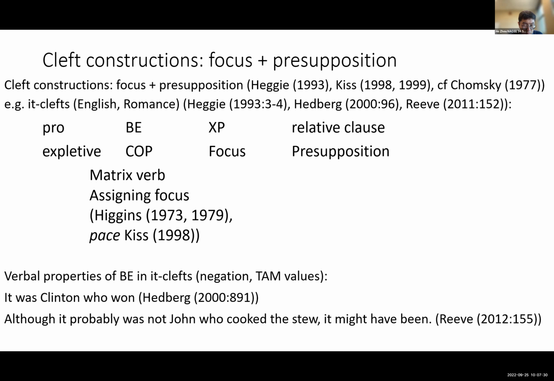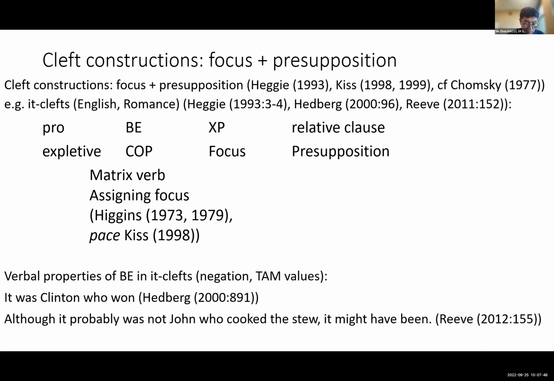We can also negate the verb. So for example, the example by Matthew Reeves: although it probably wasn't John who cooked the stew, it might have been John. Because it was not John. It might have been John. So we can use negation and also modal auxiliaries to accompany the copular verb.